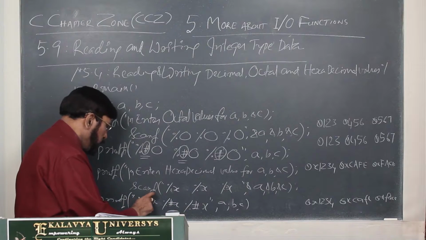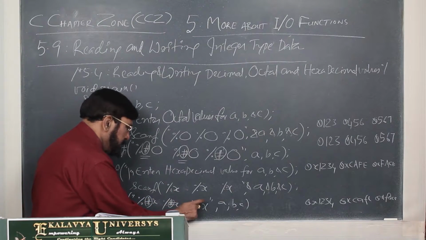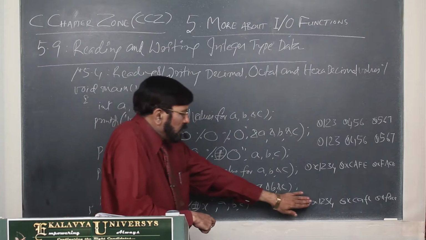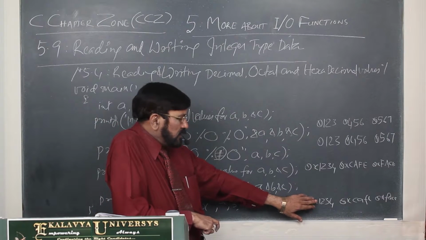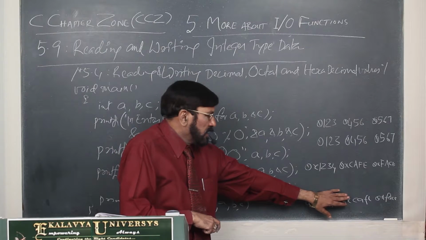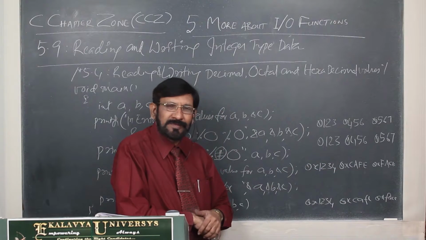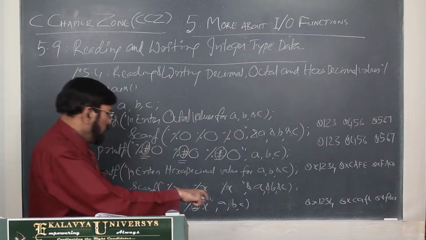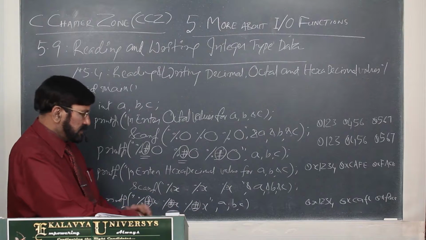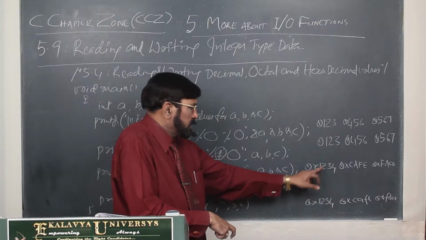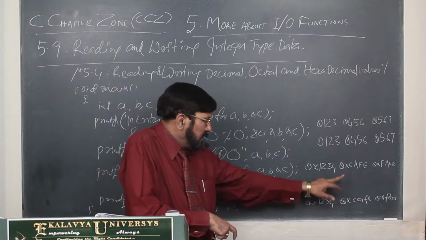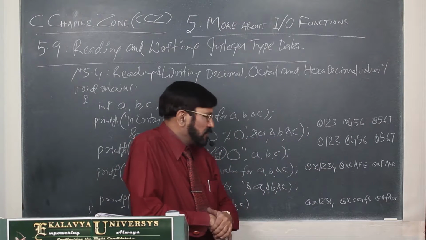If I don't put this hash symbol here, what would be the output? The output would be 1234, abcf, face. Those are only printed. So I inserted the hash symbol. That's why whatever I have given is printed. Now one difference you have to find.